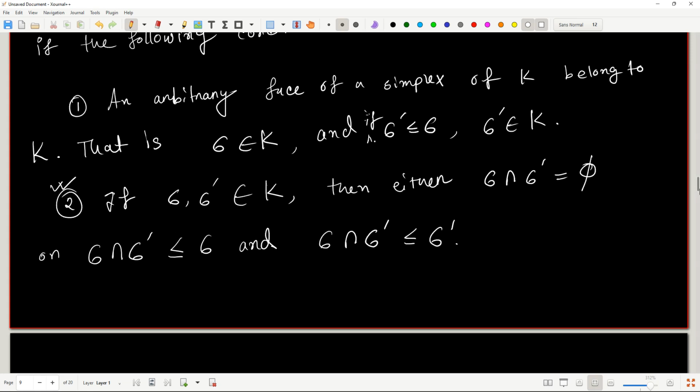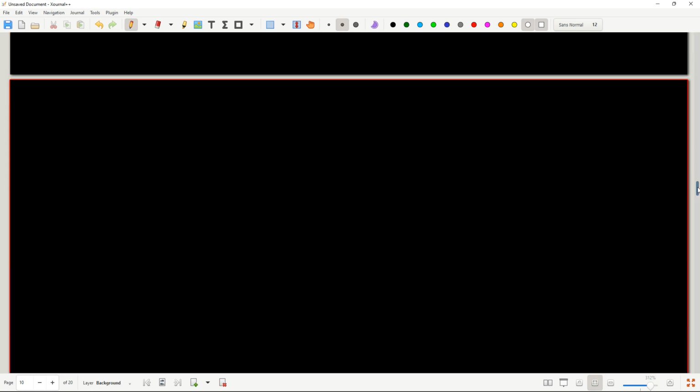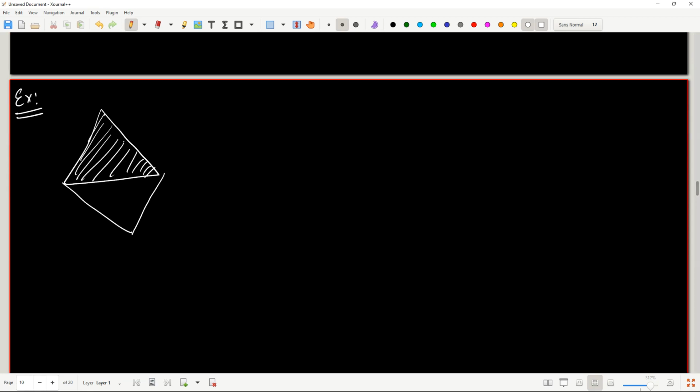Let's take a visual example to understand this. Let's say I have a filled-in triangle, and a hollow triangle attached to it, and let's say these are P0, P1, P2, P3. Now I have another simplex connected with P2. Let's say this is P4.